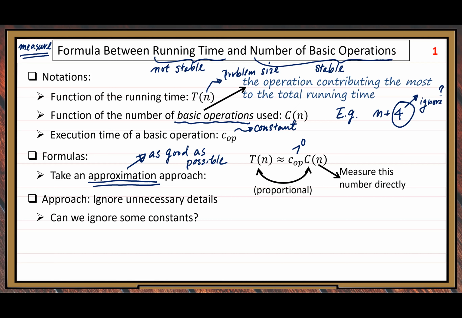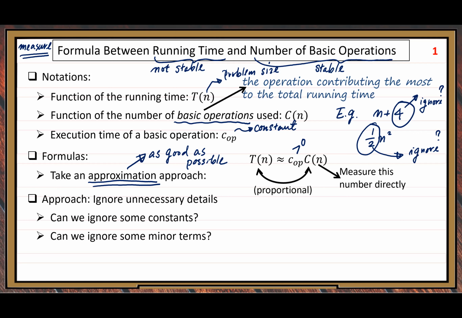Let's see another example, 1/2 n squared. This 1/2 is a constant. When we want to get an idea of how fast this algorithm is, can we ignore this constant? These two cases we can consider.